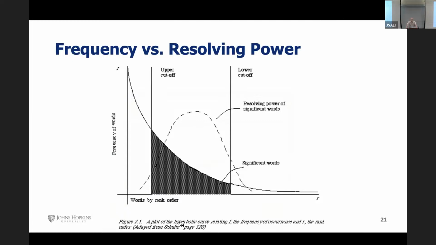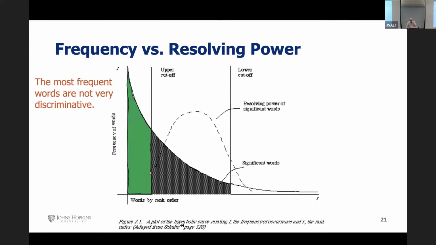So when we're talking about word frequency, from a retrieval perspective, not all frequencies are equal. Here we have again a plot of words in rank order against frequency of the words. This is not a log-log scale, so that's why it's not a straight line. But over on the left we see the most frequent words, like the, a, and, they're not very discriminative.